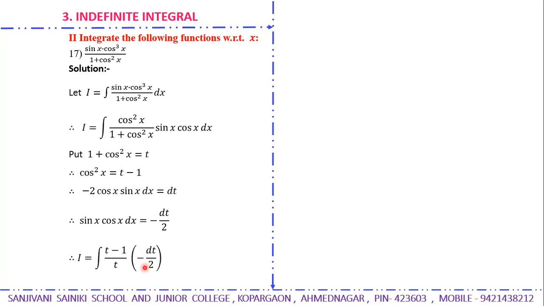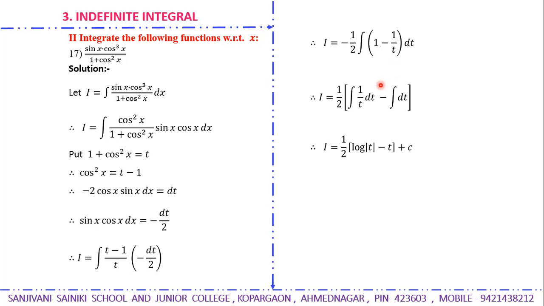This minus 1 upon 2 we can take outside the integral. Minus 1 upon 2 integration of 1 minus 1 upon t into dt. Integration of 1 is t and integration of minus 1 upon t is log of modulus of t. So I is equal to 1 upon 2 times log of modulus of t minus t plus c.